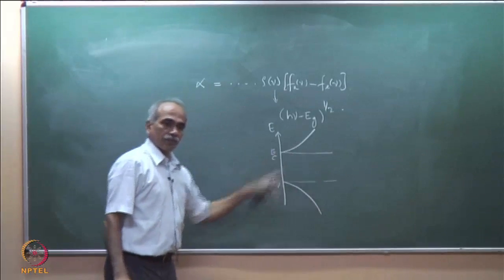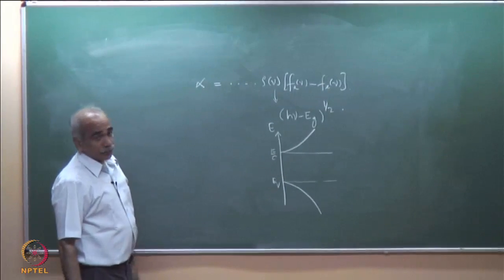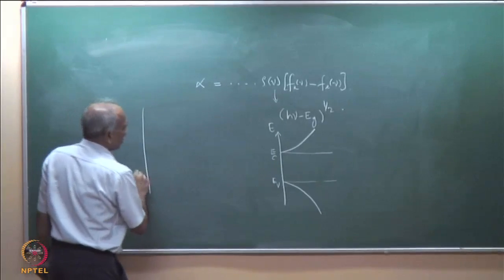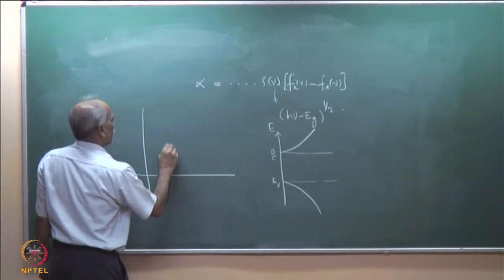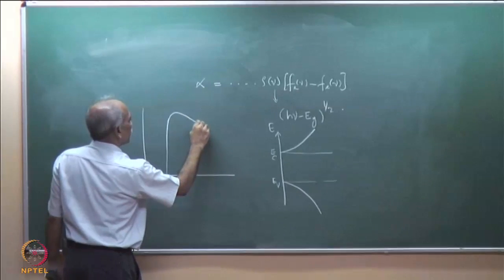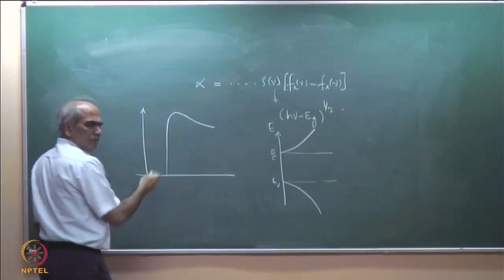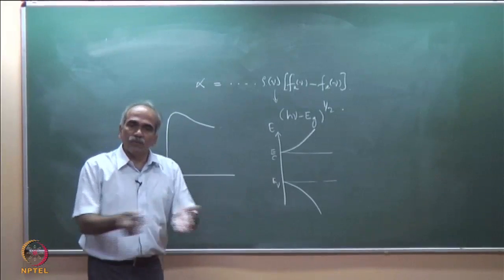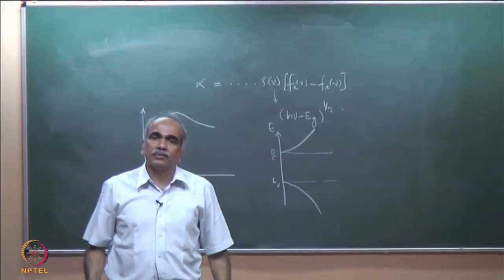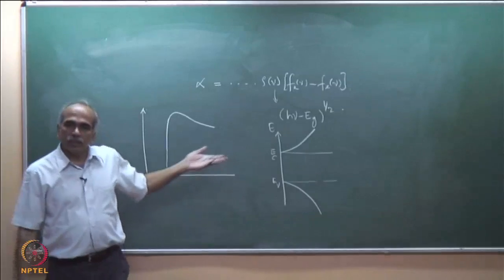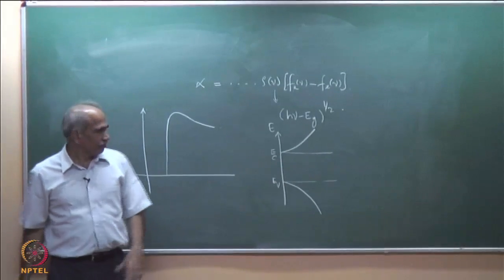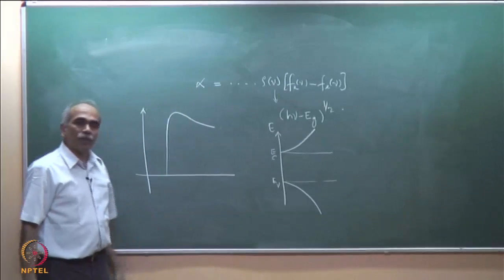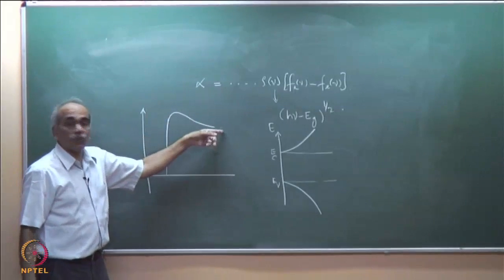From this we derived all the absorption coefficients. Band to band transition. We are in photonics, we are interested in band to band transition because we are looking at photon energies which are normally in the visible or IR region. So, most of the times we will focus on band to band transition.